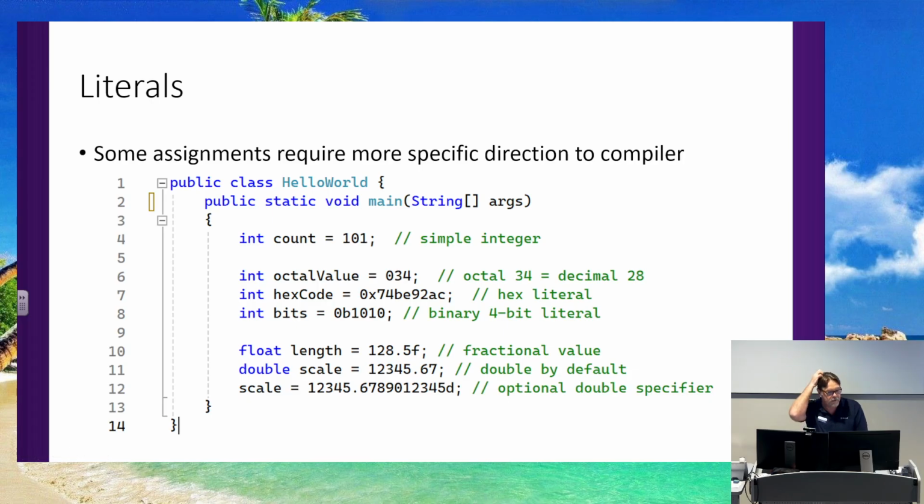Okay, the next thing is literals. When I say literal, I literally mean this value. So when I say the value 101, it's the number 101 to us humans, one more than 100. We've got other English ways of representing these values, but I literally mean that value.